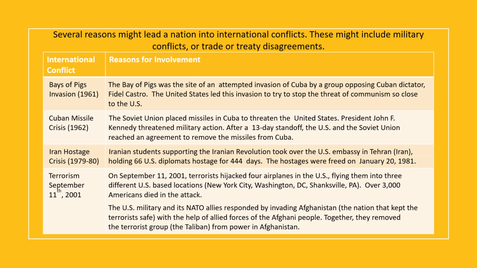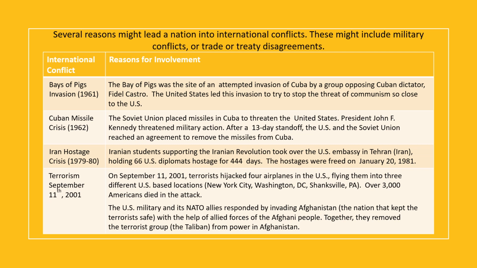President John F. Kennedy threatened military action, and after a 13-day standoff, after 13 days where everybody talked but no one took any other aggressive action, the United States and the Soviet Union reached an agreement to remove the missiles from Cuba. And there have been lots of very interesting books written about the Cuban Missile Crisis.